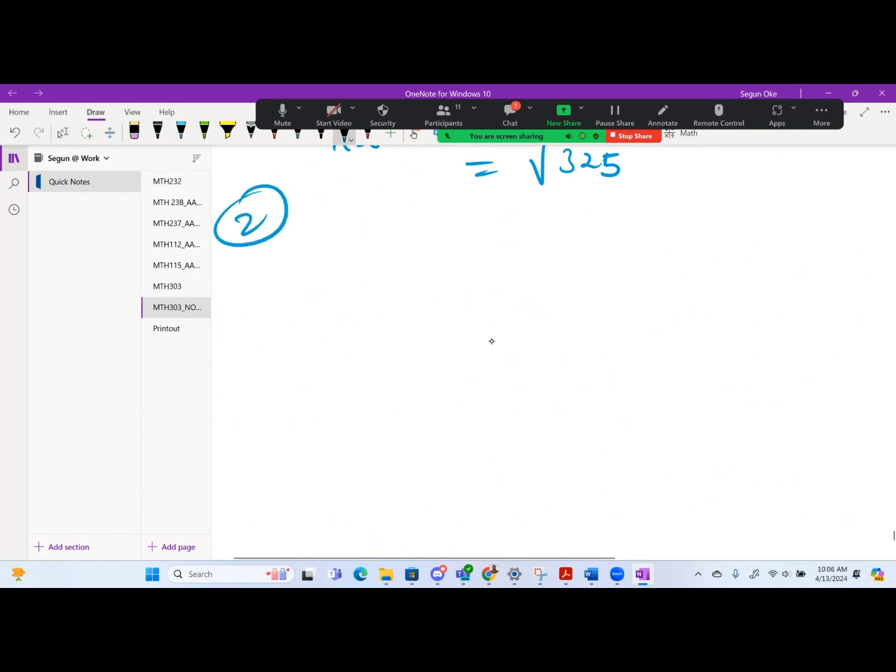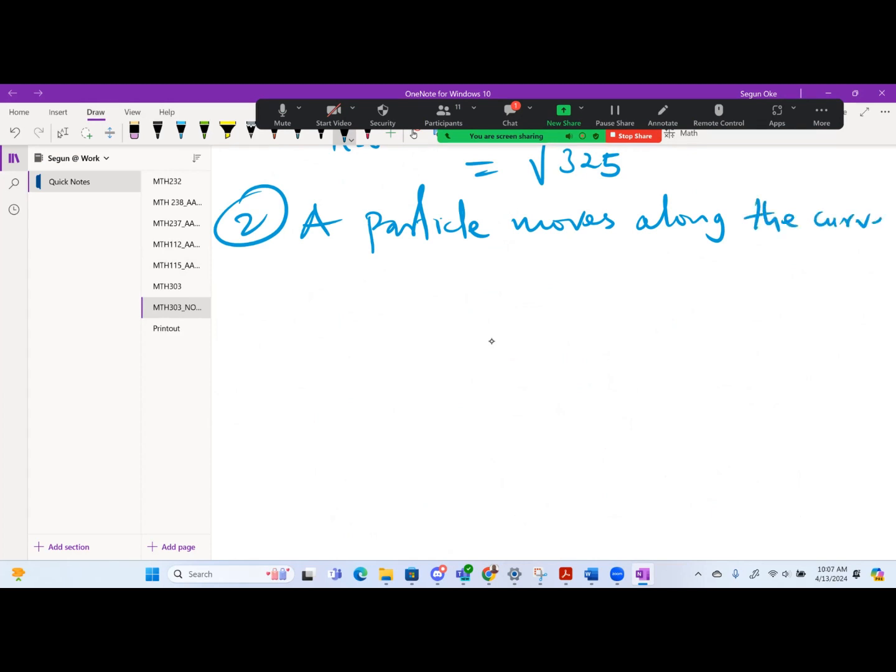Question 2 says, a particle moves along the curve, then we have x equals 2t squared, y equals t squared minus 4t. Are we together now?